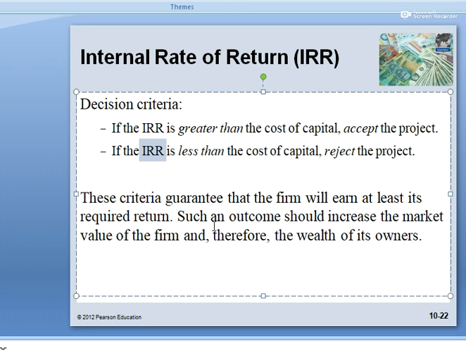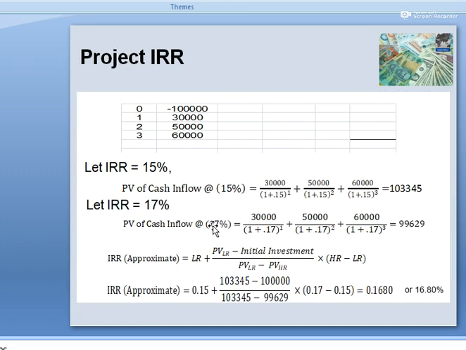Now let's come to the calculation part of the IRR. I have a sample cash flow: at time 0, the initial investment is 1 lakh, and I have some cash inflows at times 1, 2, 3. To calculate IRR, we need to use a technique called the trial and error method.